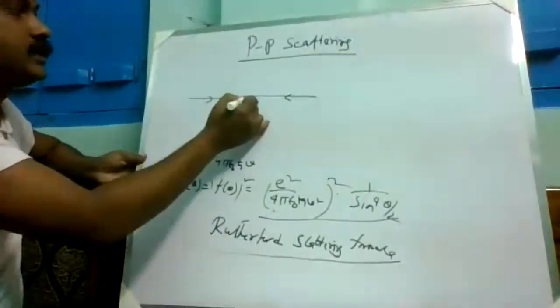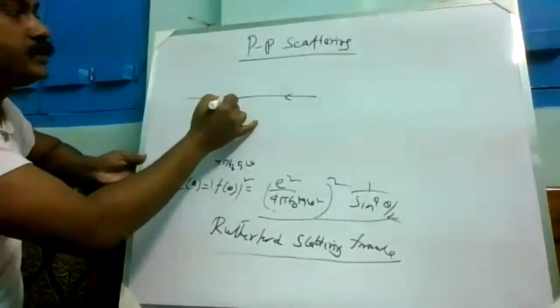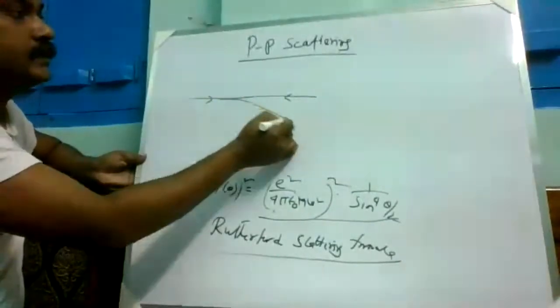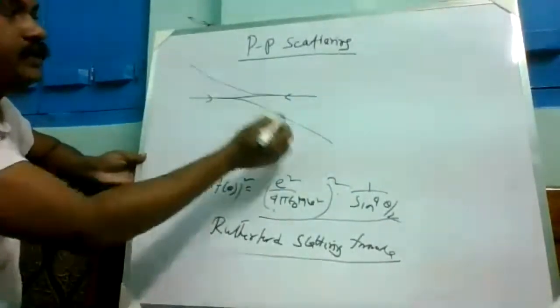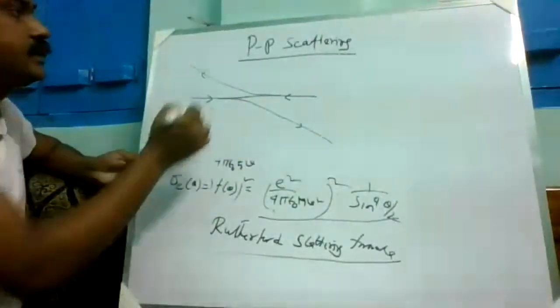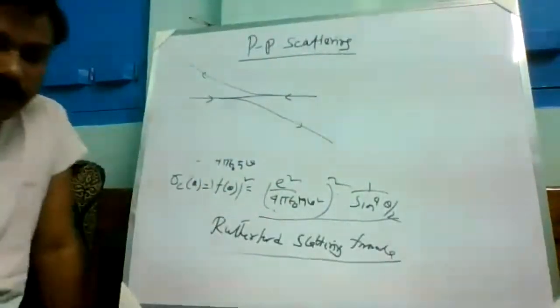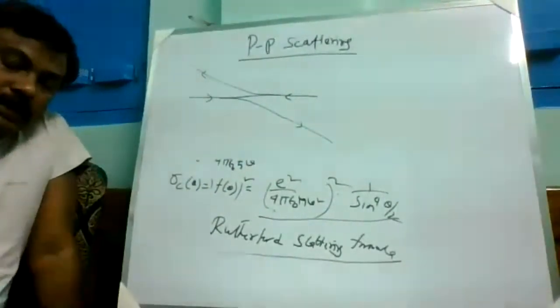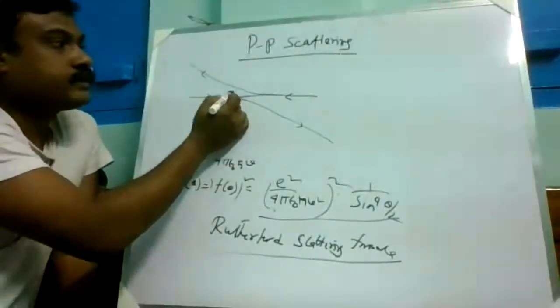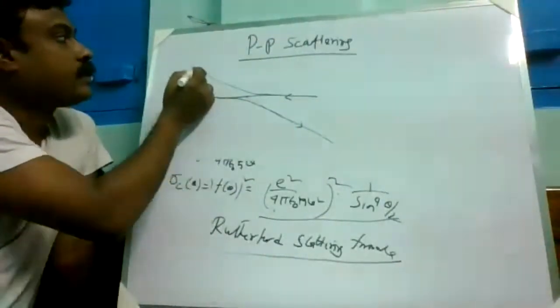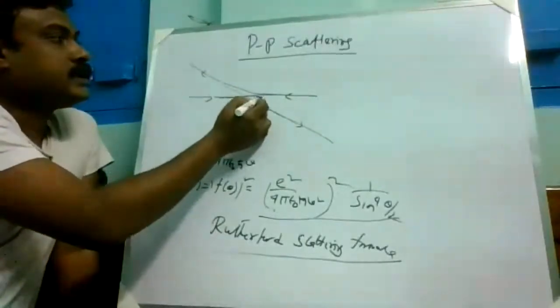There is a collision, so there will be scattering. We are considering elastic scattering, so the plane of approach will be changed, say this angle is theta.